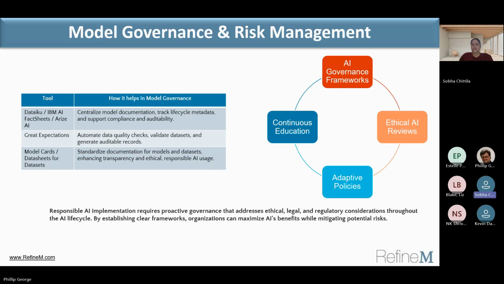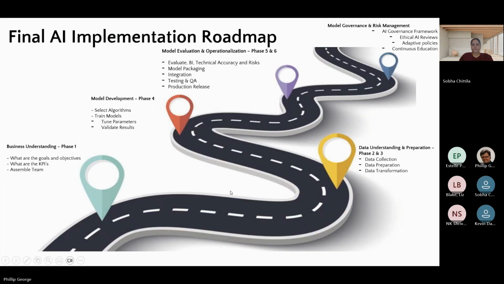So moving on to the next slide. This is the final roadmap, as we have talked through the first phase to phase six. But we also wanted to include model governance and risk management and emphasize that it's critical for any AI project, because we have to make sure that the data is not leaked out.